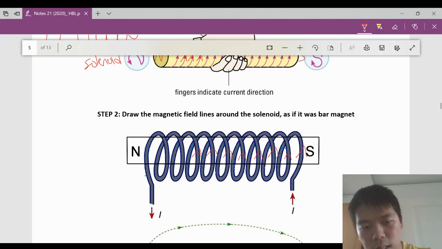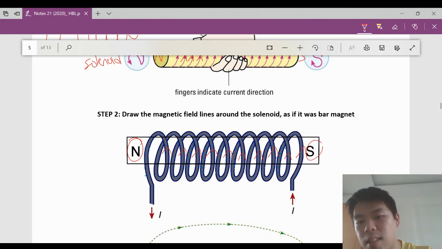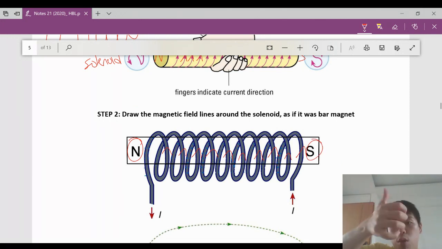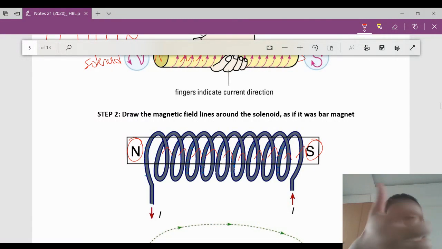Each of these is like a single wire on its own. If you use your right hand grip rule and grip each of the coils, it tells you that that's north and that's south, and this will give you a magnetic field pattern similar to a bar magnet.